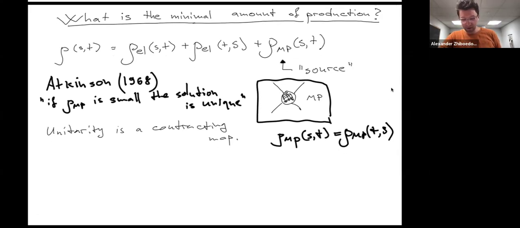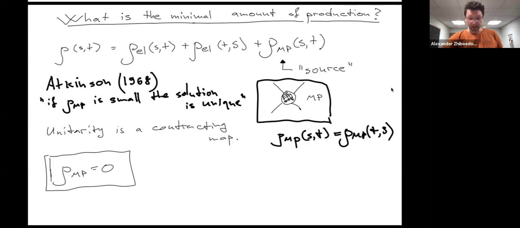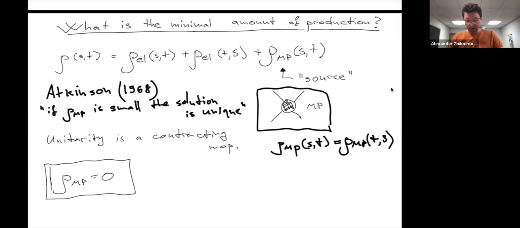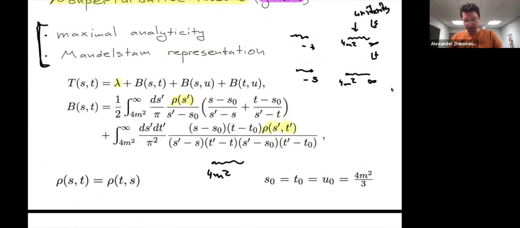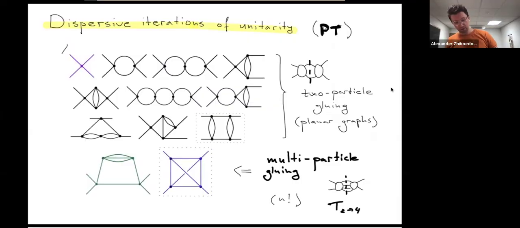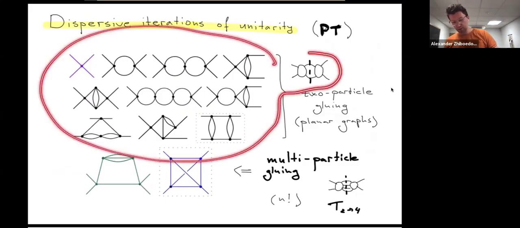Practically, let's try to just see what is the space of these solutions when rho MP equals 0. Let's just start with something simple. And what does it mean physically? It means that we are considering a set of Feynman graphs where we continue this gluing forever. We just focus on these graphs where we do the gluing by 2-particle cut, and we consider all planar graphs which are generated like this.